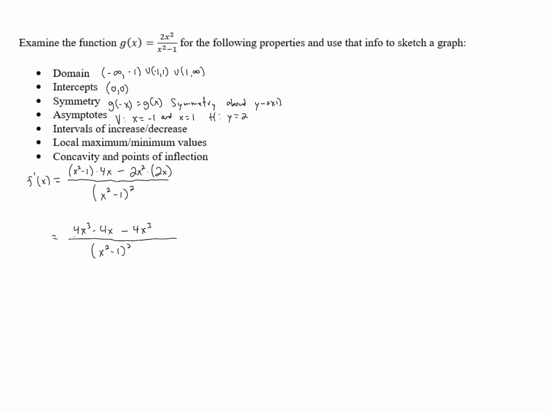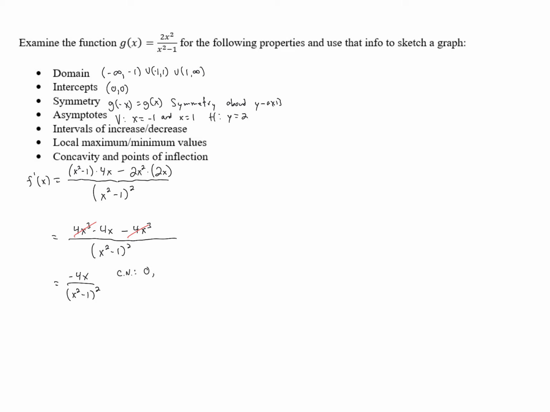That's going to give us some cancellation in the numerator, and this is going to leave us with negative 4x over x squared minus 1 squared. Now we need to find our critical numbers. This function is going to be equal to 0 when the numerator is equal to 0, and that's going to be when x equals 0. So we've got a critical number at 0.